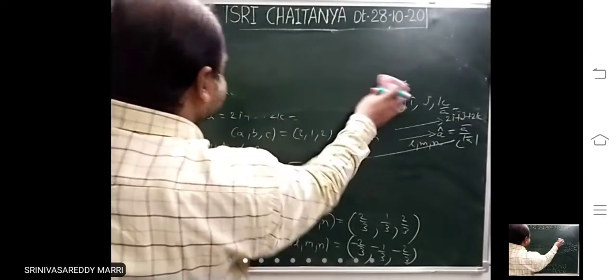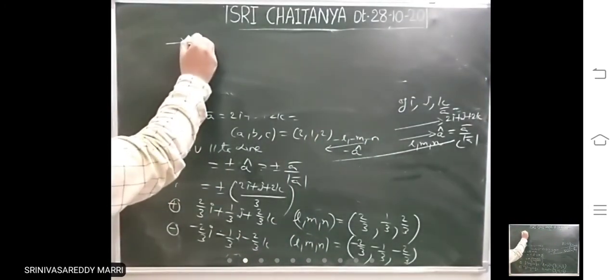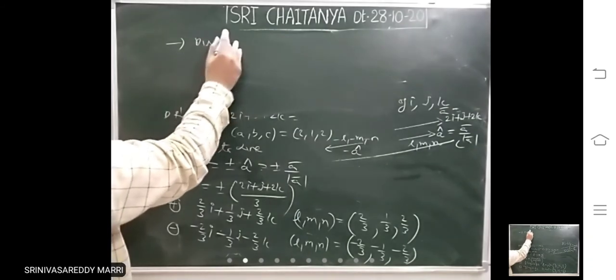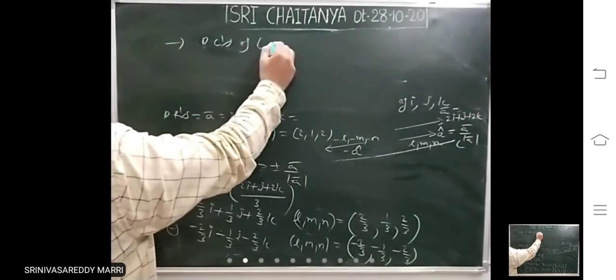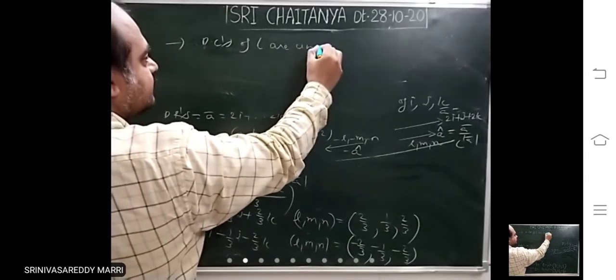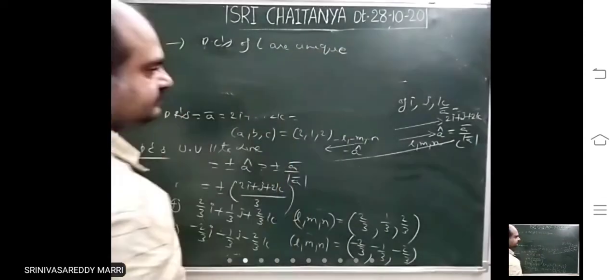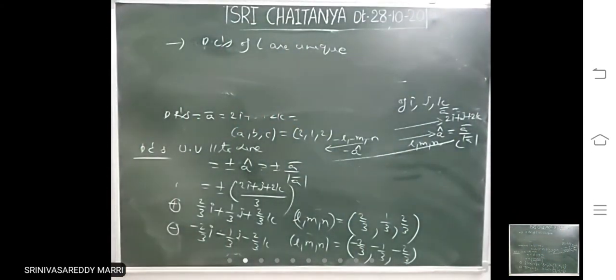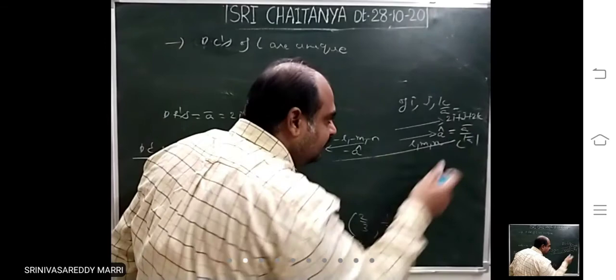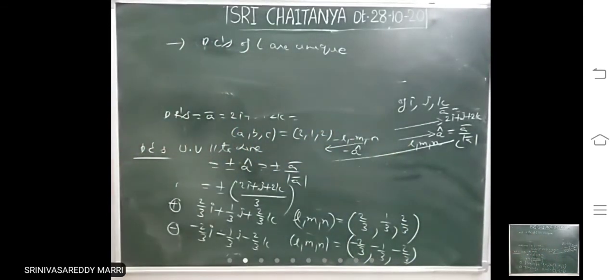That means we can say DCs of L are unique, because there will be infinite vectors to show the direction, but the unit vector in this direction is only one, and in that direction only one. DCs of a line are unique.